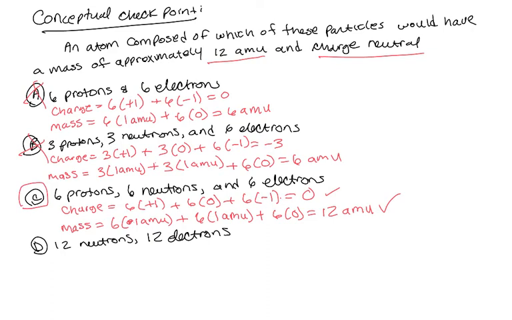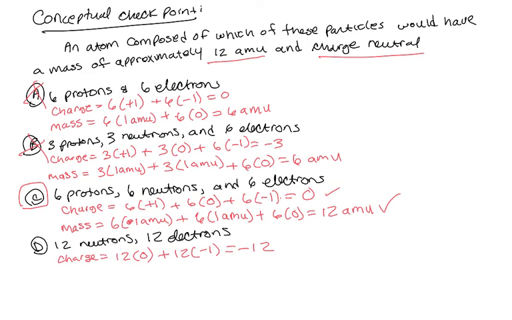But let us do this D problem just for fun to see the difference. In D we have the charge being 12 times 0, because 12 neutrons are 0 charged, plus 12 electrons that are -1 charged. So you're going to have -12 for your charge, something that you'll never see in chemistry.